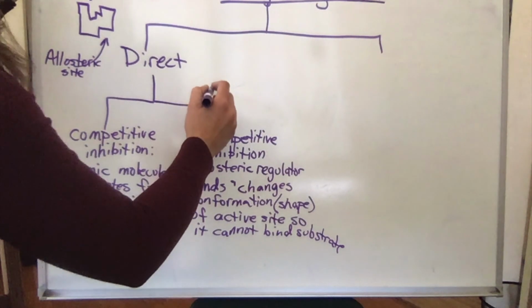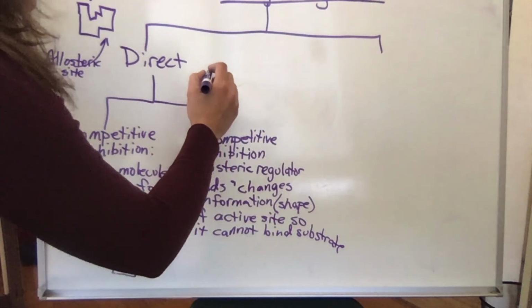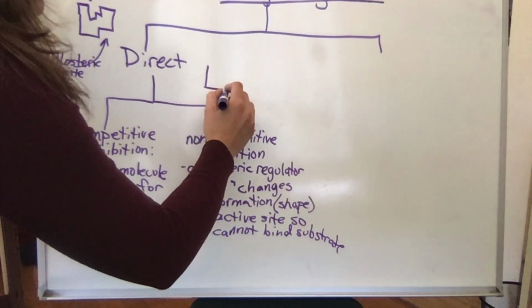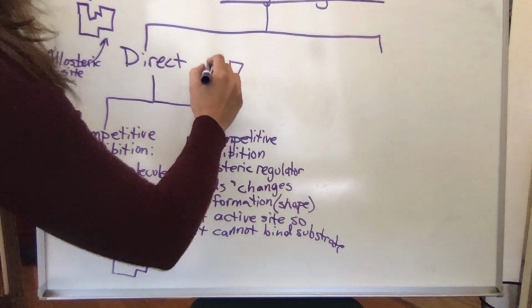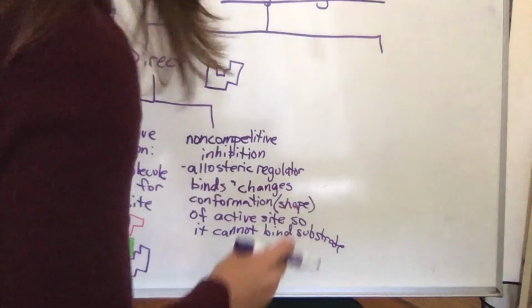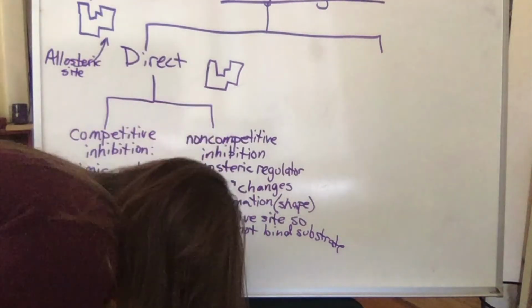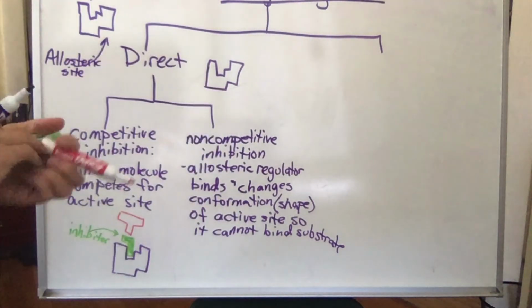Right, and for non-competitive inhibition, we can draw our enzyme here that normally binds. I think I just lost my red pen. Excuse me.